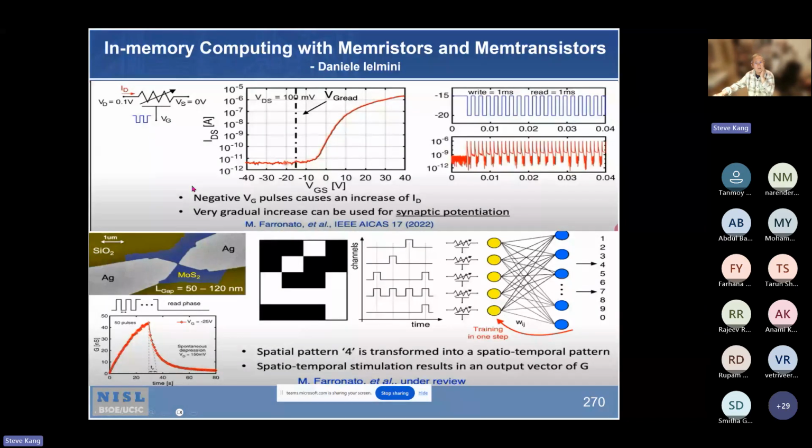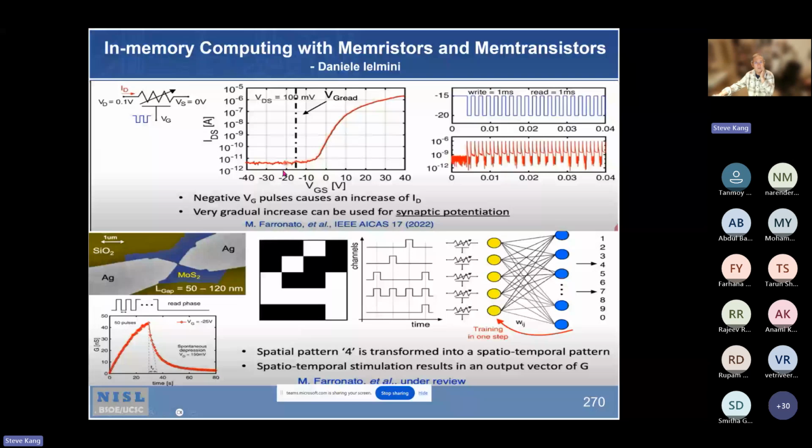If you look at the current flowing between the drain and the source, he is requiring large voltages: 10 volt, 20 volt, 30 volt, or minus 20 volt, minus 30 volt, compared to what we are used to, 1 volt or even below 1 volt.